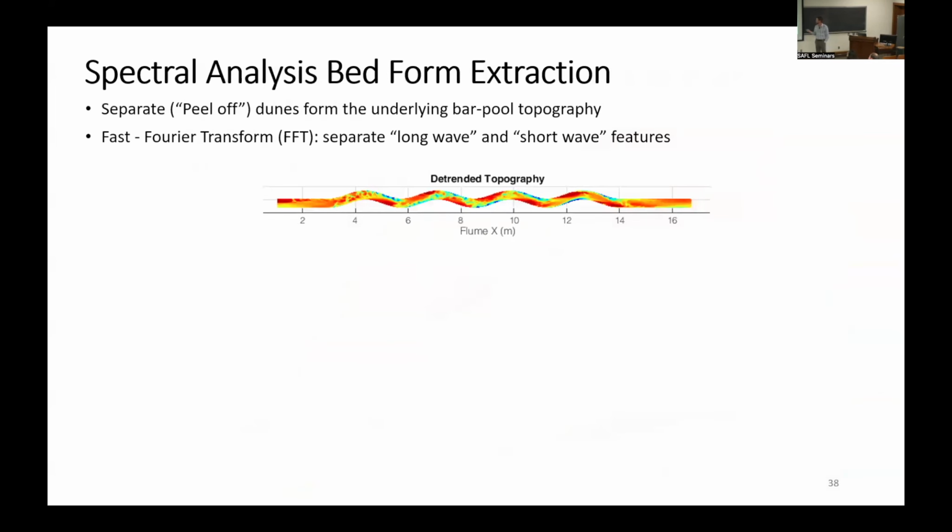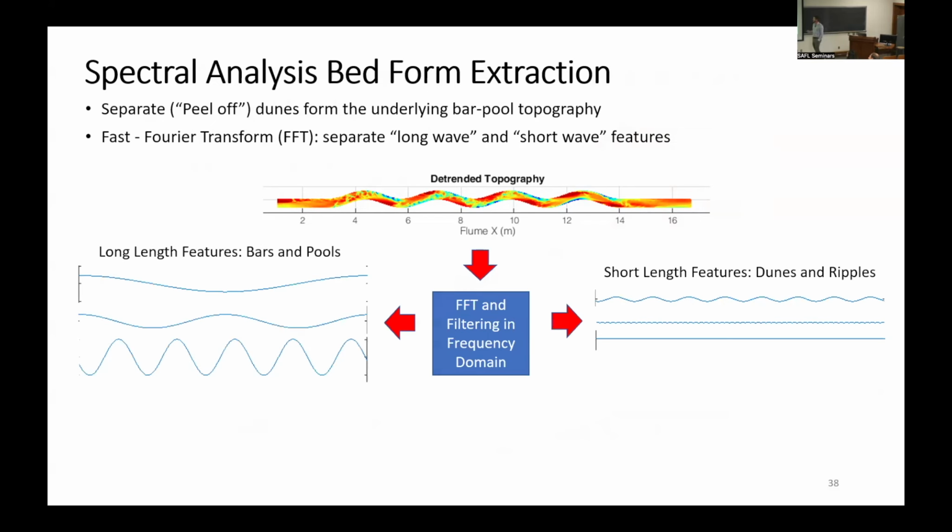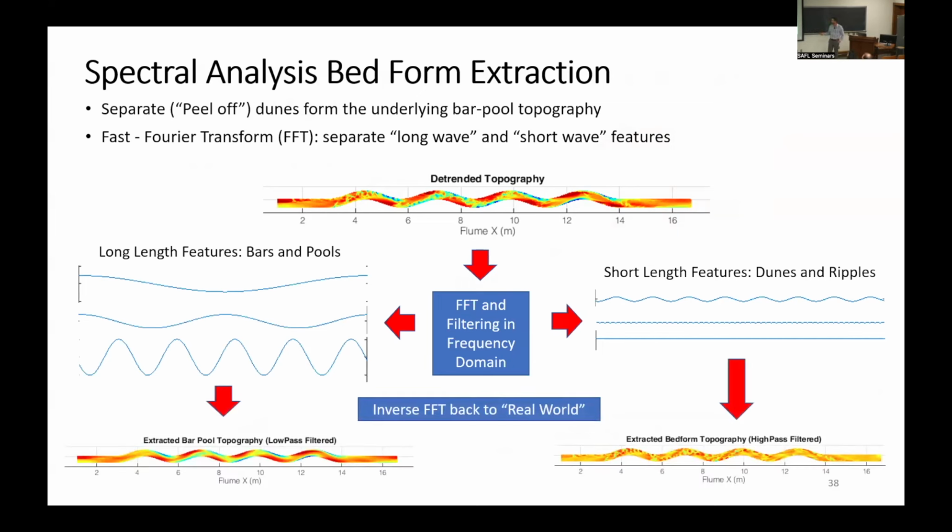So the way that we did that was we took the topography, we detrended the overall slope from it, and then would run a fast Fourier transform to filter out the different scales of variability in that detrended topography so that we could get essentially the bar pool topography with any dunes or grain scale roughness features stripped off.